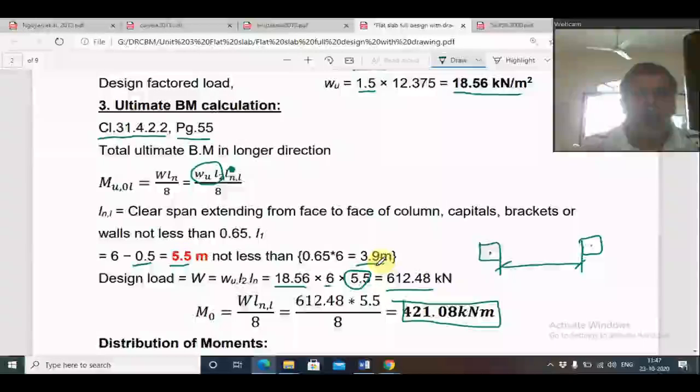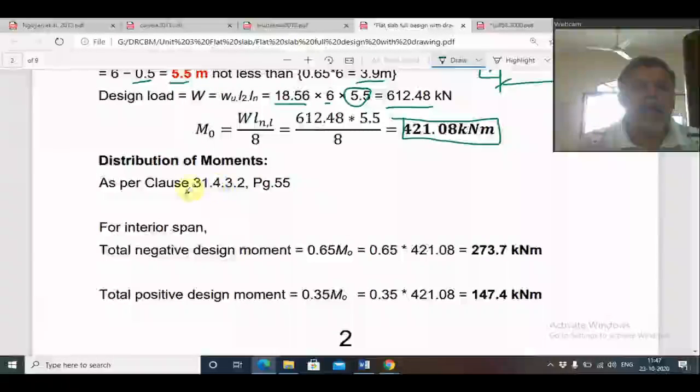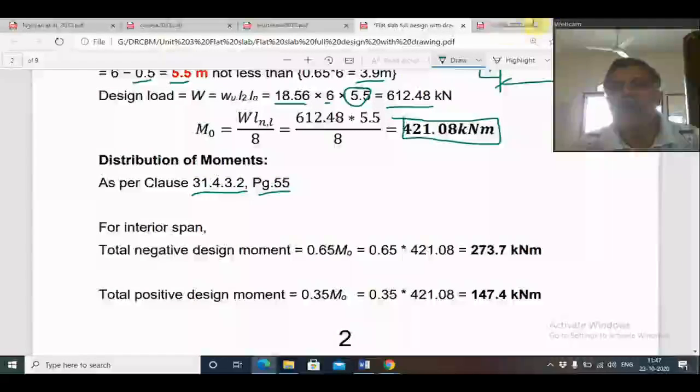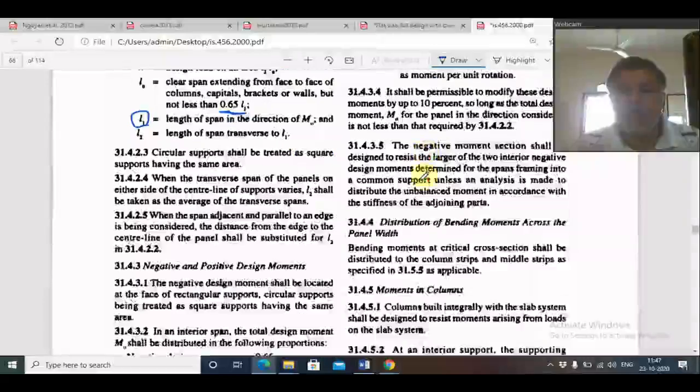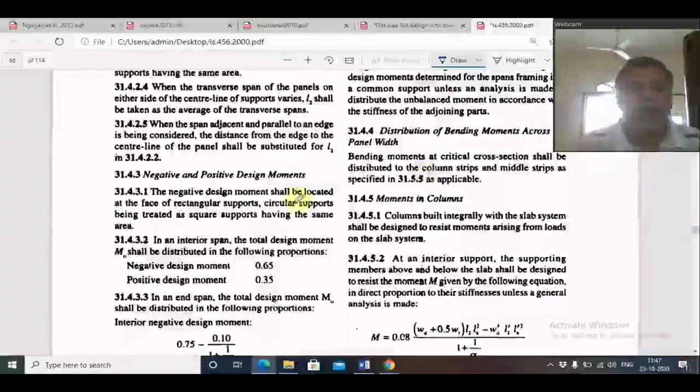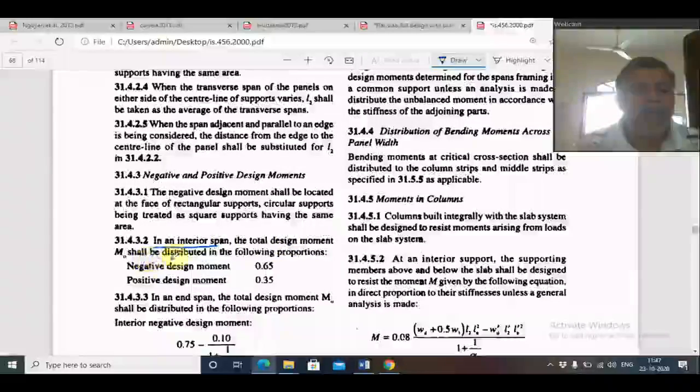Next we have to distribute this moment to the column strip as well as the middle strip, as per clause 31.4.3.2 on page 55. For an interior span, the total design moment M0 shall be distributed in the following proportions. Negative design moment is 0.65 times M0, and positive is the remaining 0.35 times M0.